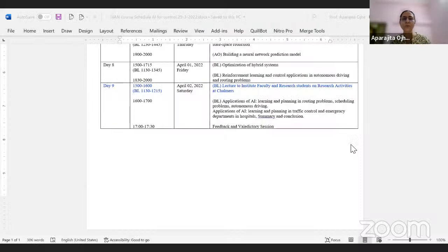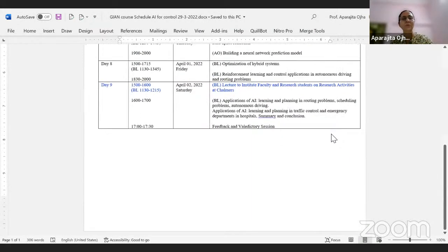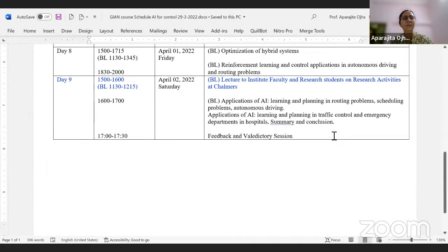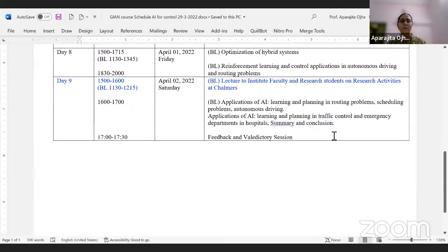We have, in fact, shared with you this updated one as well. So tomorrow you can see it's day 9, 15 to 16. We'll be having a short talk by Professor Bengt on his research activities at his research group. We'll start at 3 p.m. Indian Standard Time.